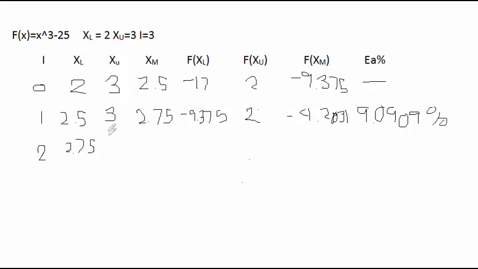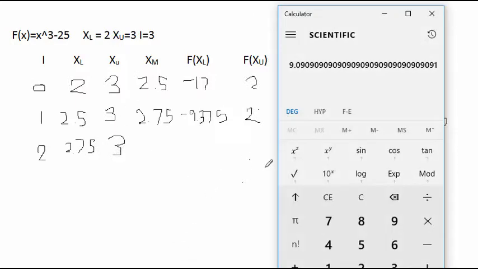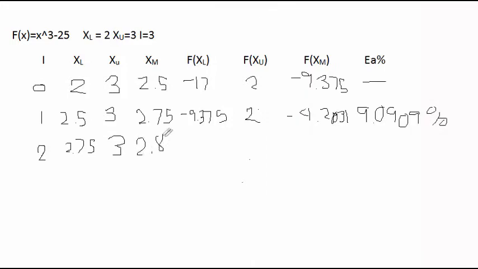We will just retain 3. Now we will get the new midpoint of x. 2.75 plus 3 divided by 2. We now have the new value of the midpoint of x, 2.875.